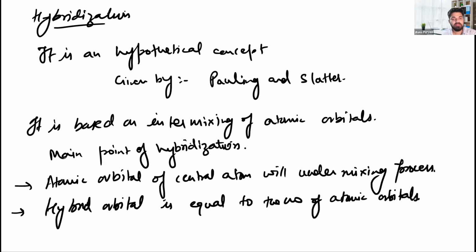And the half filled, fully filled, and vacant orbitals of valence shells. Which type of orbitals are going to intermix? Only the half filled, fully filled, and vacant orbitals of the valence shell of the central atom undergo mixing. Those that are already paired are not going to mix.